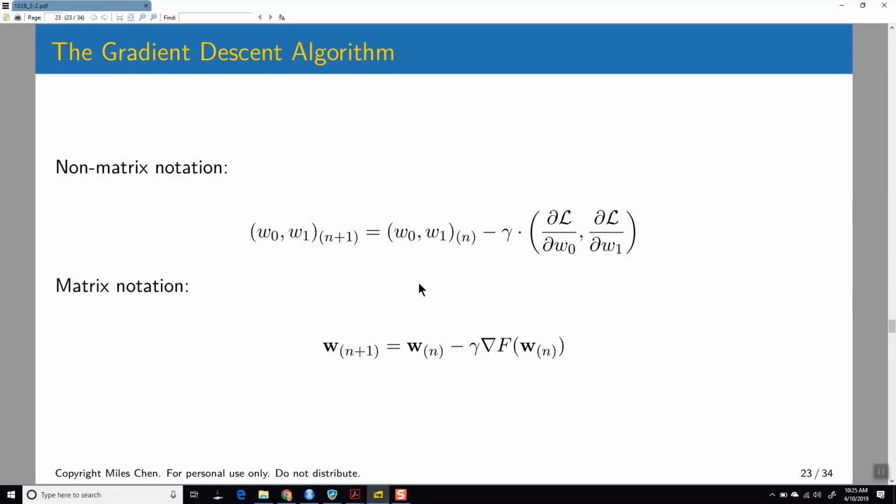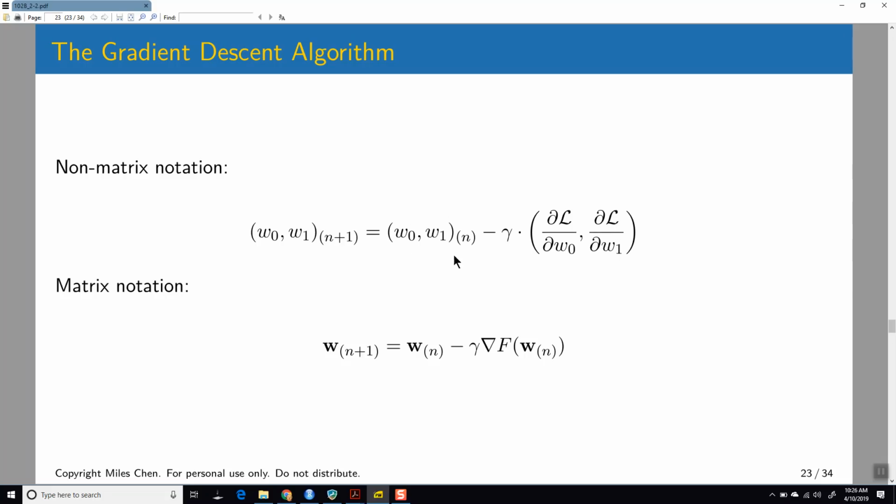And so the gradient descent algorithm looks just like this, where you take your current location and then you subtract off gamma times the gradient, okay? Which, if you're not using matrix notation, looks like this. And we found the components. We found the partial of the loss function with respect to W0, and the partial with respect to W1.